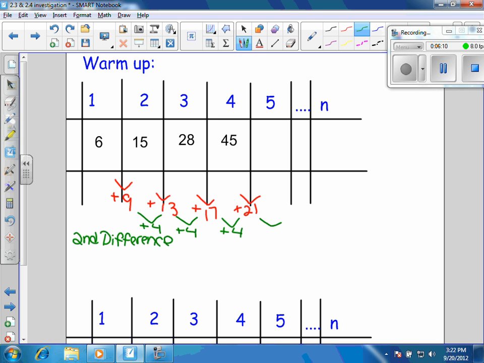So if I add 4 to 21, you get 25. That's right, 25. I'm going to add 25 the next time. So 21 and 45 gives me 66, and then I would add 25 more to get the next term.